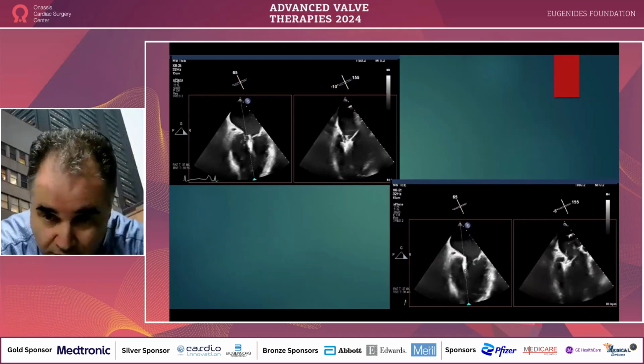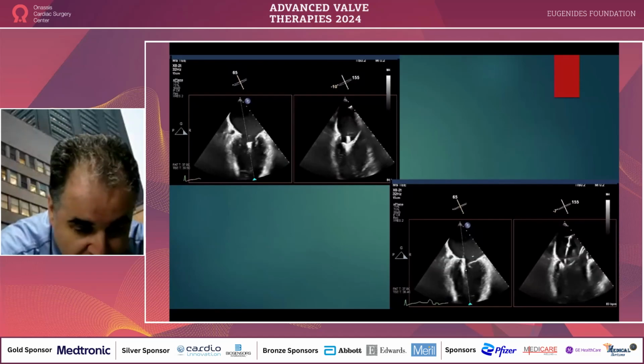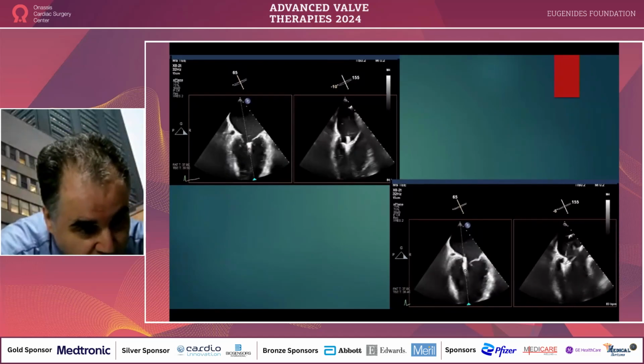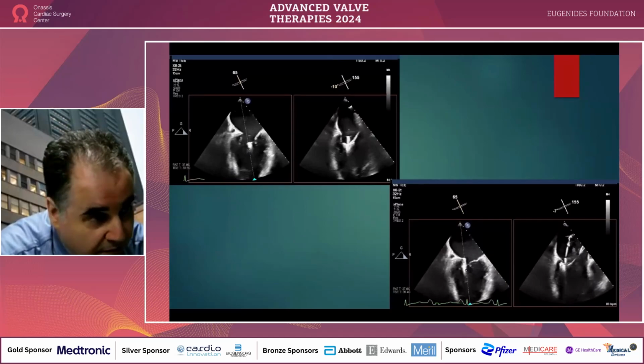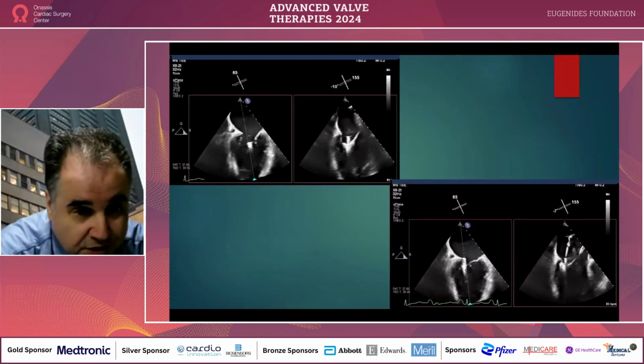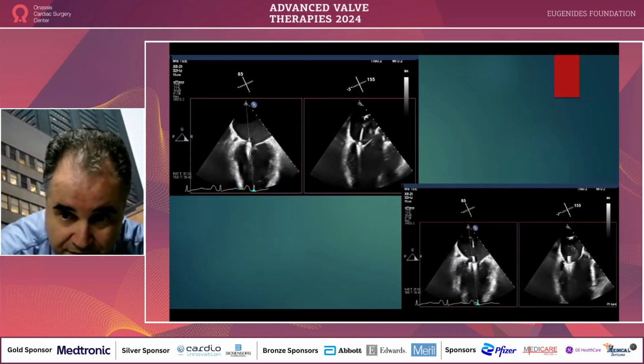So this also has made things much easier and also less painful, less time. You clip one, if it's good, then you try to clip the other one. So very many improvements on these devices to help us do these procedures faster.